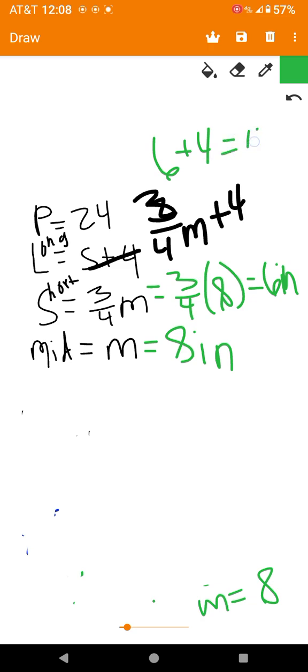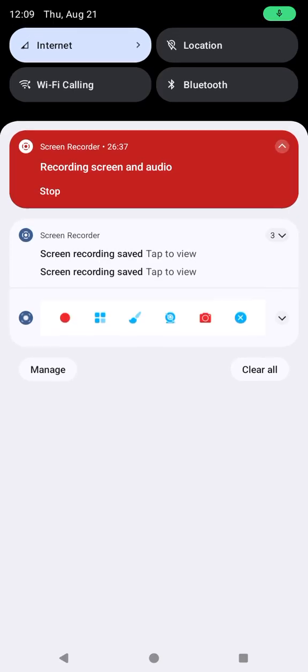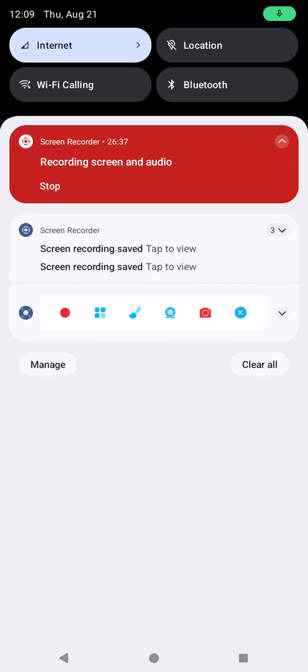So 6 inches. And so this one was S plus 4. So we can just do 6 plus 4, which is 10 inches.